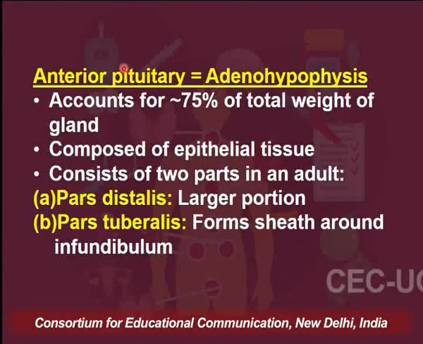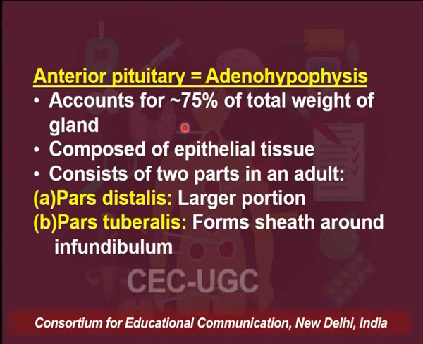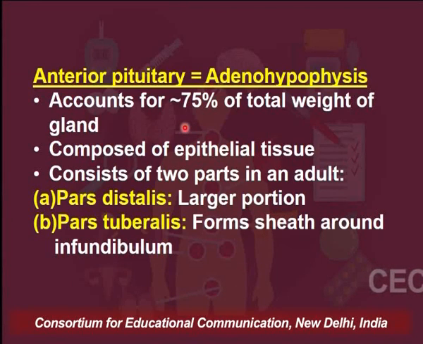So the anterior pituitary is also referred to as the adenohypophysis, and it accounts for about 75% of the total weight of the gland. So the pituitary gland is majorly made up of the anterior pituitary, and it is composed of epithelial tissue. And if you look at this anterior pituitary, it is in turn made up of two parts.